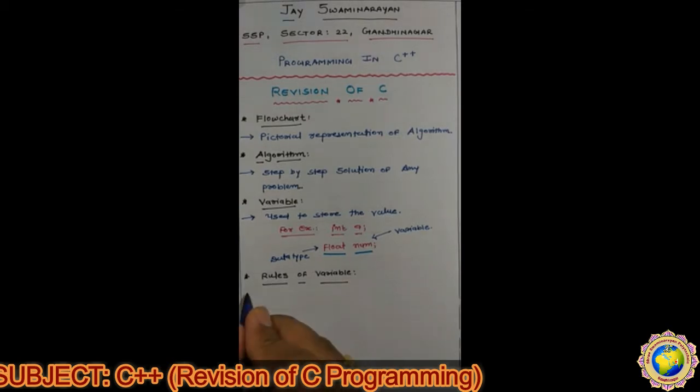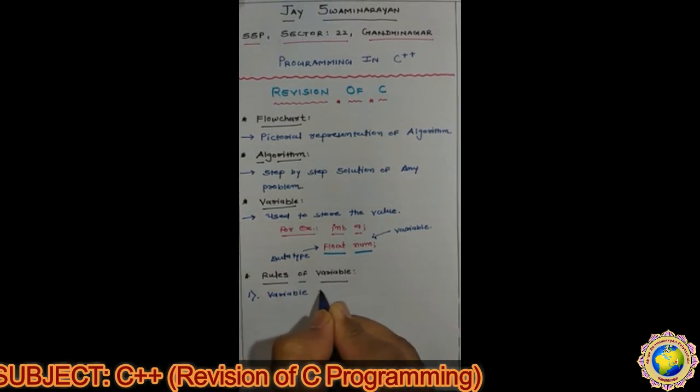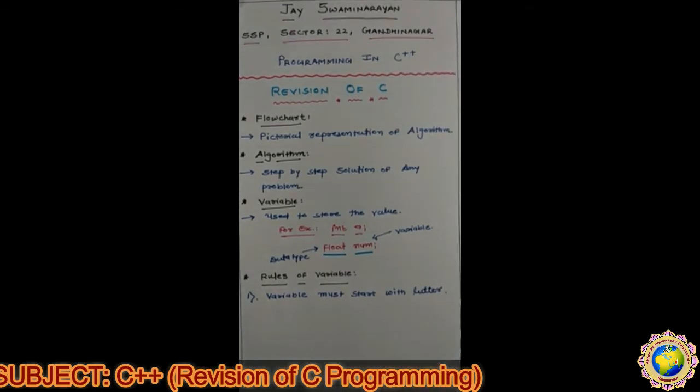The first rule is that the variable must start with a letter. It means that you can create a variable starting with a letter only.